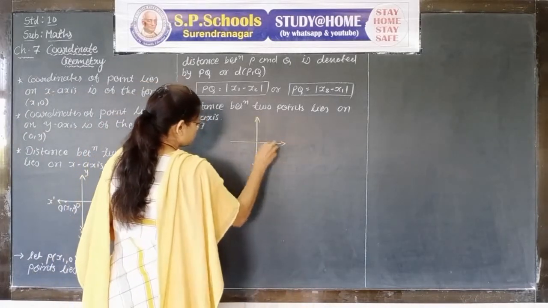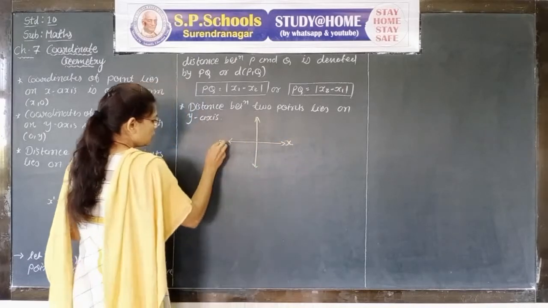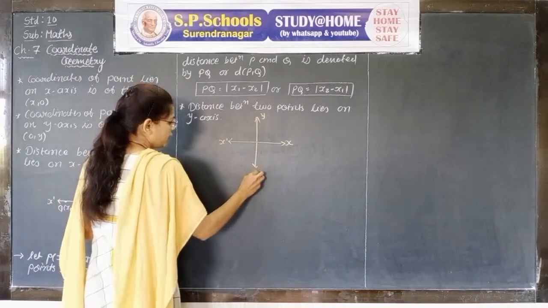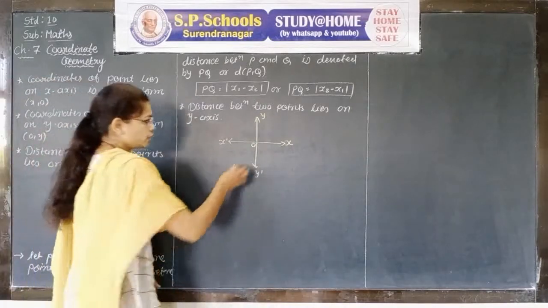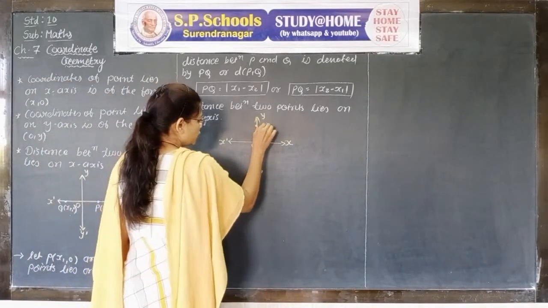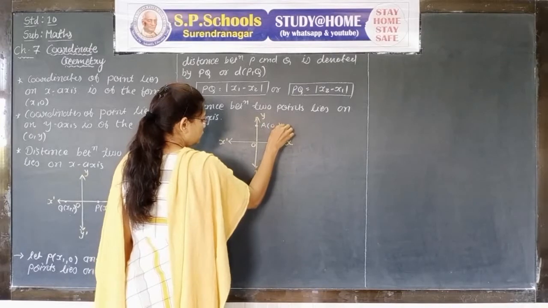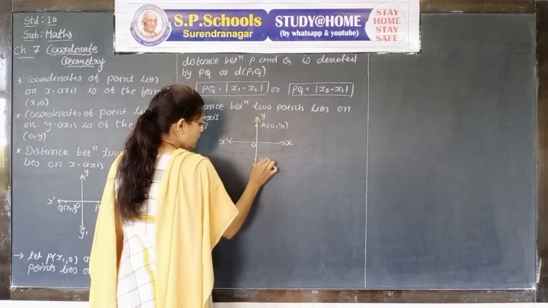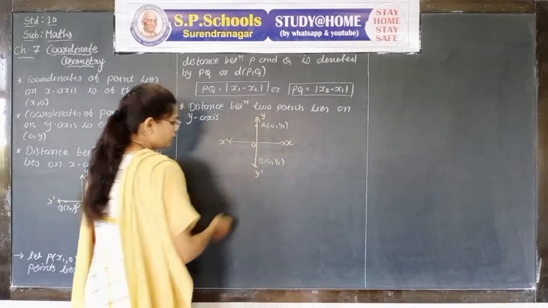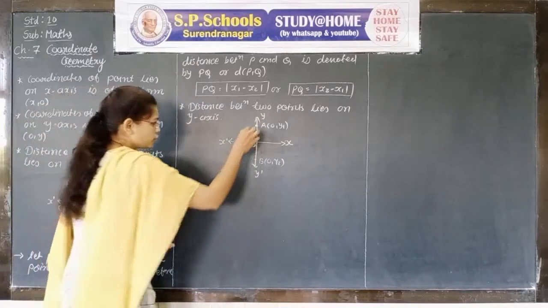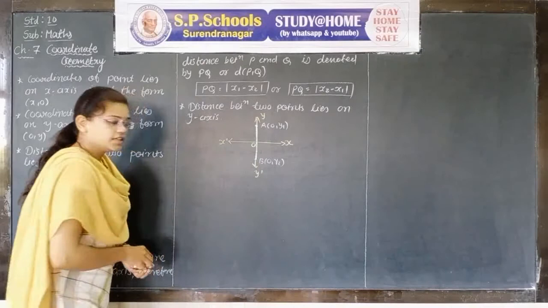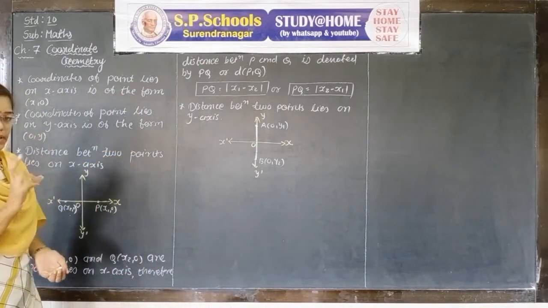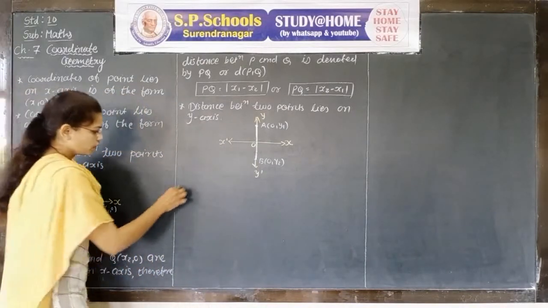X dash, y, y dash and the origin O. Now the 2 points lie on the y-axis. Let us take 2 points A (0, y1) and B (0, y2). The distance between these 2 points from A to B is denoted by AB or d(AB), as with P and Q.